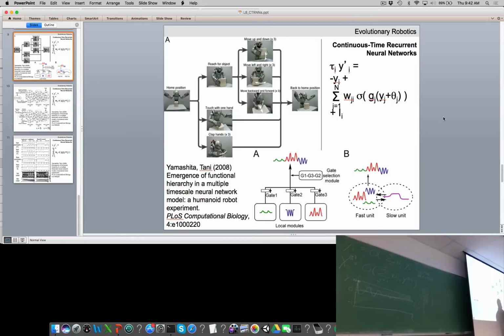Now you'll notice that these squiggles are changing quickly and this one is changing relatively slowly, fast and slow. So this is a cartoon of a neural network. We're not actually drawing the circles and the arrows for our neurons and synapses. We have this tangled mess between fast units or fast neurons and slow units or slow neurons.